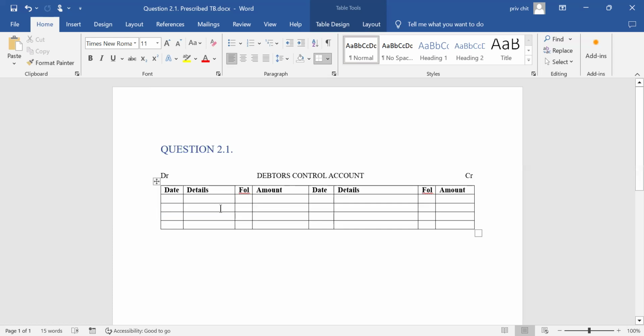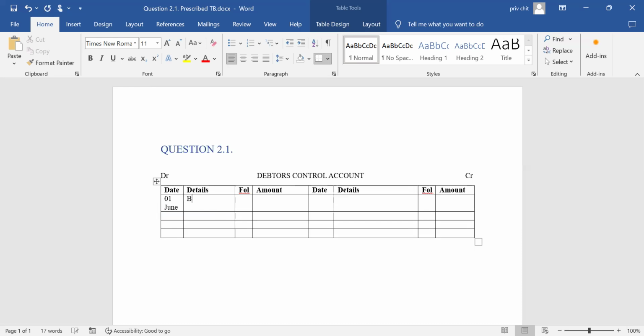So the first thing you're going to have, young man, on the 1st of June, is your balance brought down, which is the opening balance of your debtors control account. And this one, remember, where did I say it's coming from? The balance.